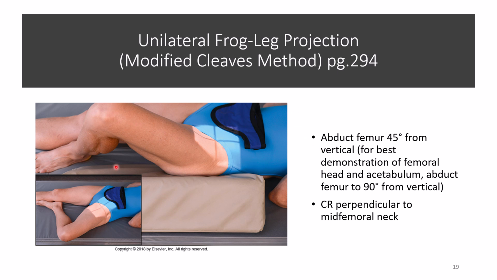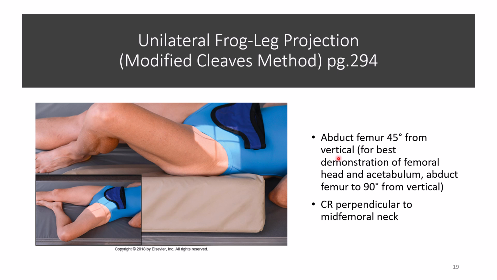We're going more for this, not this one. Okay, so you abduct the femur 45 degrees from vertical, and that will best demonstrate the femoral head and acetabulum. I'm sorry. If you abduct the femur 45 degrees from vertical, that's what we do.